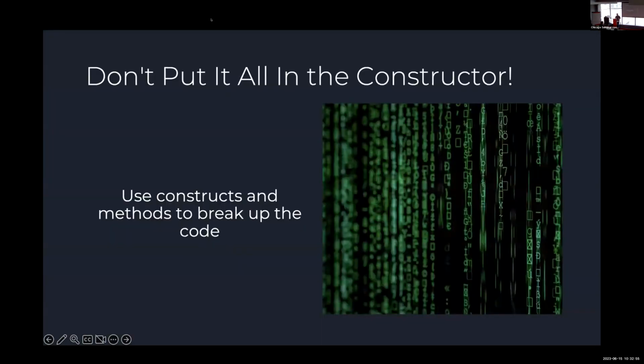So the first thing to do to go beyond the introduction is don't put everything in the constructor. The CDK is made up of different kinds of constructs, and you can use those to break down your application, your framework, into a collection of resources. I have seen 2,000 line long constructors.